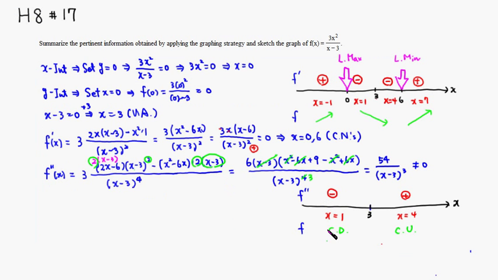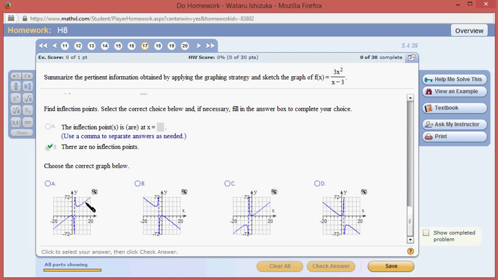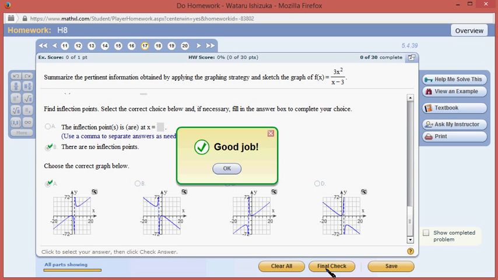Remember that it's concave down turning into concave up. A is promising. D is concave up turning into concave down. So A is the only one that fits the description. Let's check the answer. Alright, so we got that.